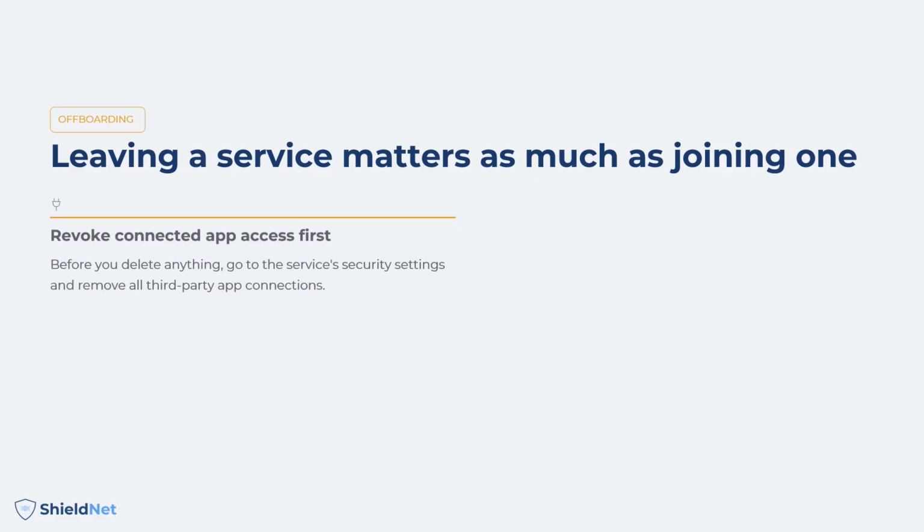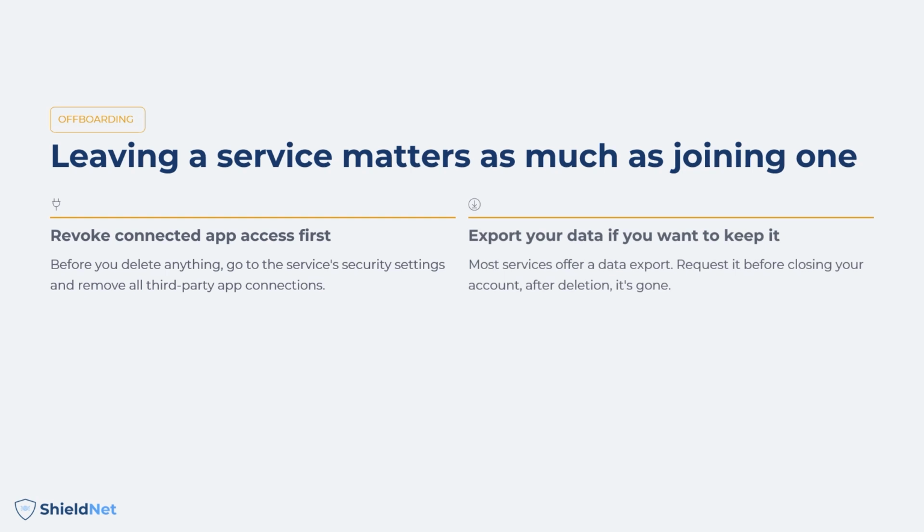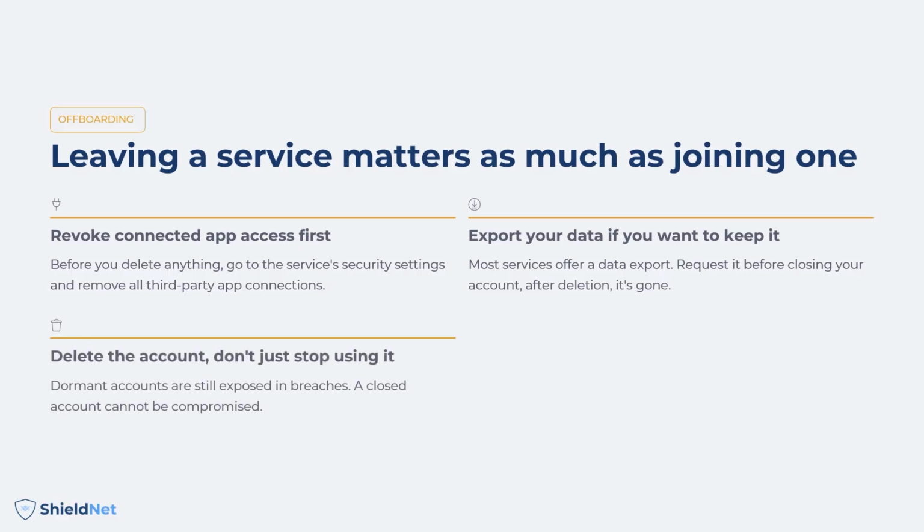First, revoke app connections before deleting. If you used the account for "Login with Google" or similar, revoke those connected apps via the account's security settings first. Second, export your data if you want to keep it. Under GDPR, you have the right to a copy before deletion. Request a data export from account settings if you want any history.